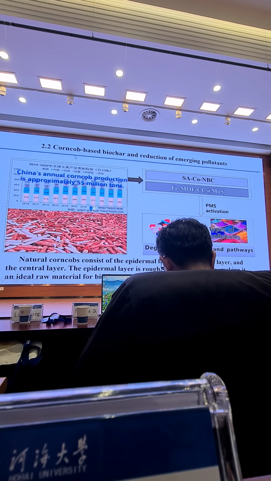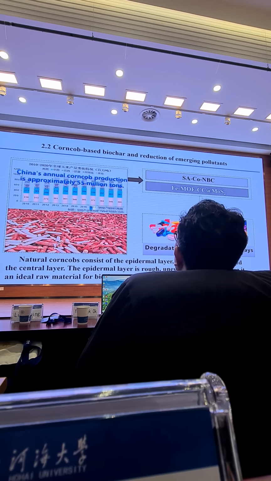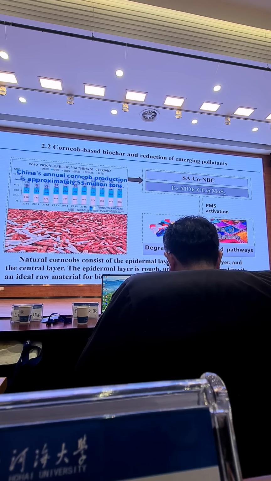So we have corn cob-based biochar. As we know in China, there is a lot of it, especially in Shandong, it is pretty much everywhere. The natural corn cob consists of epidermal layers. You have multiple of those layers.